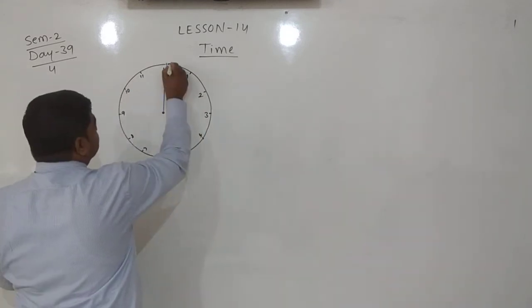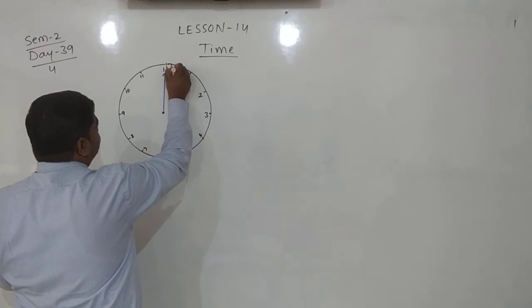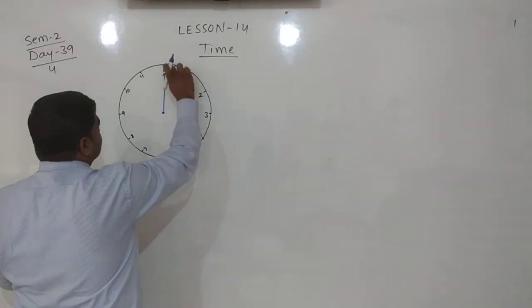Here there are some tiny dots in groups of 5. 1, 2, 3, 4, like this 5.